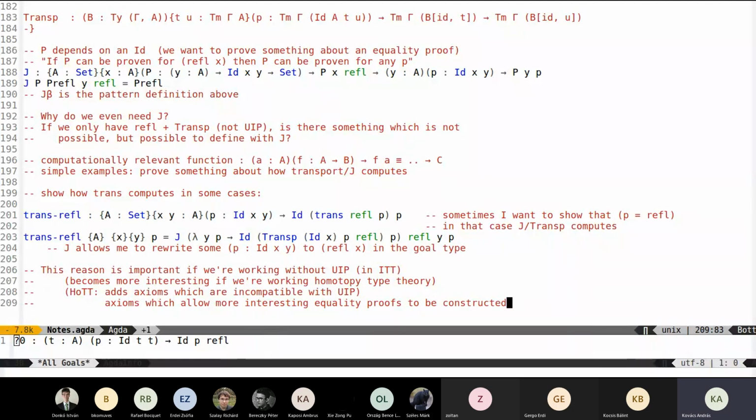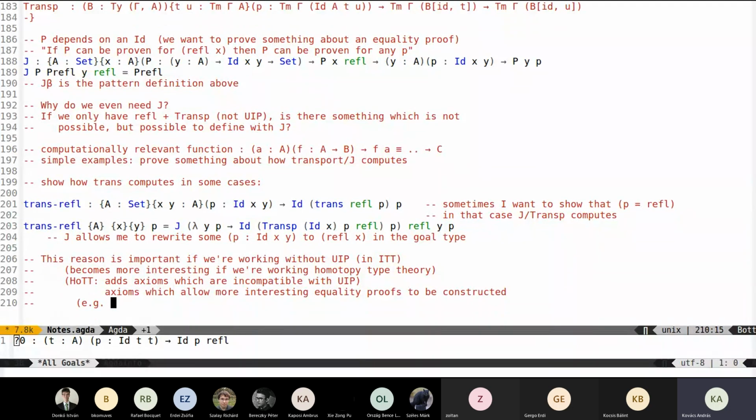identification of two things. For example, in HoTT we can say that two types are equal not only if they are exactly the same type, but two types are also equal if there is an isomorphism between them. So two types A and B are not only equal if they are the same, but also if they are isomorphic.